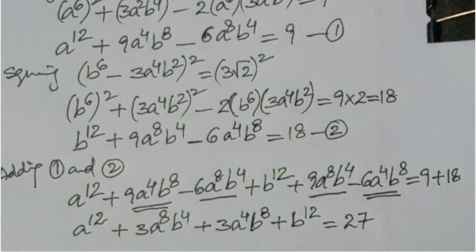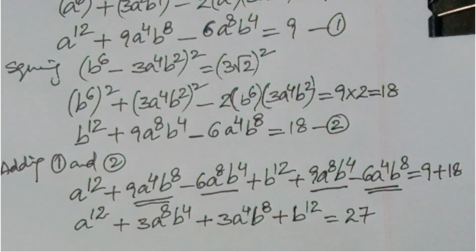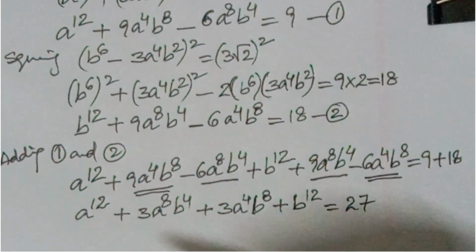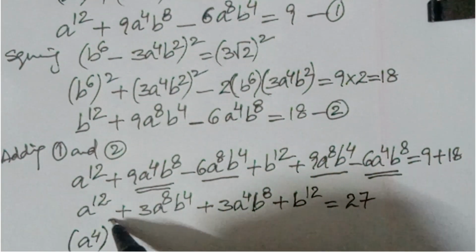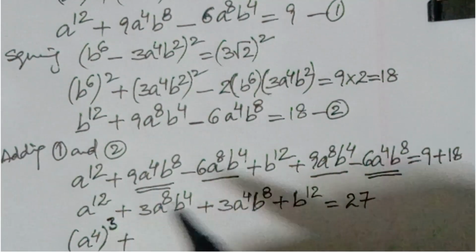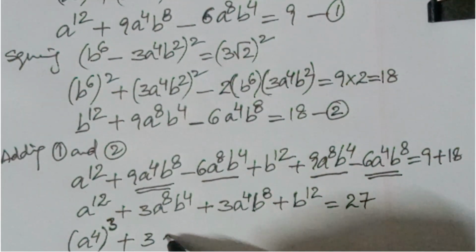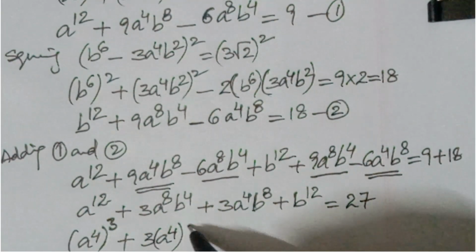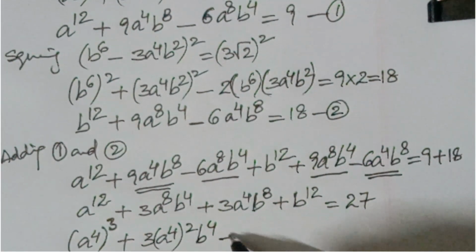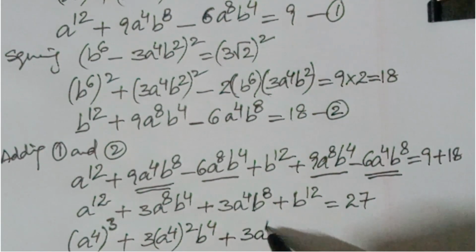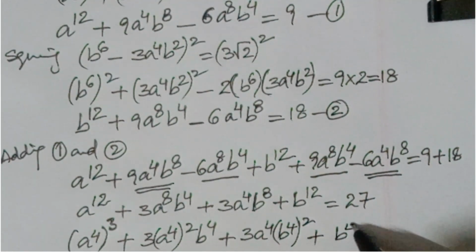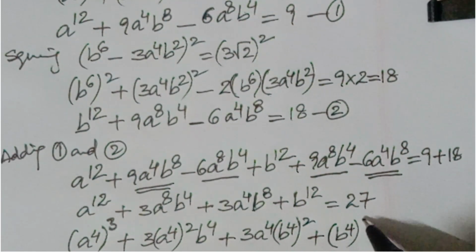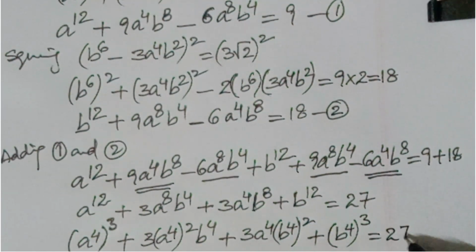Now it is in the form of a plus b whole cube. So we'll see here a to the power of 4 whole cube plus, using the second formula, 3 a to the power of 4 whole square b power 4 plus 3 a to the power of 4 b power 4 whole square plus b to the power of 4 whole cube is equal to 27.